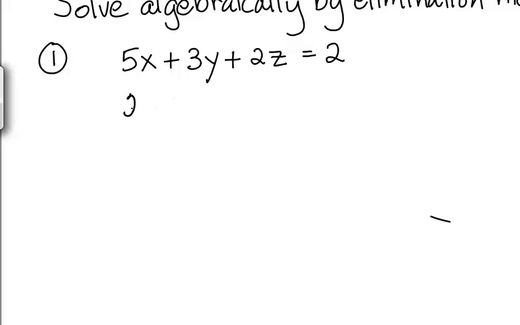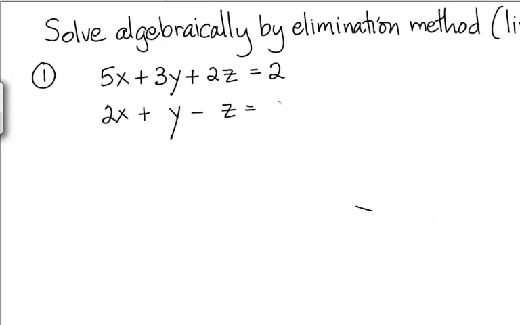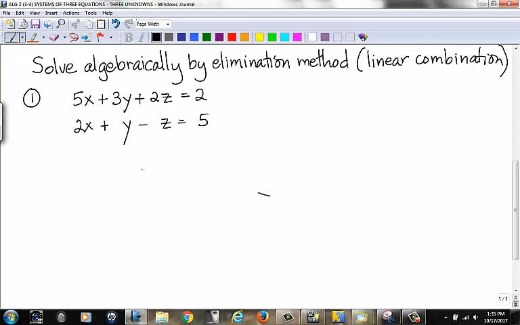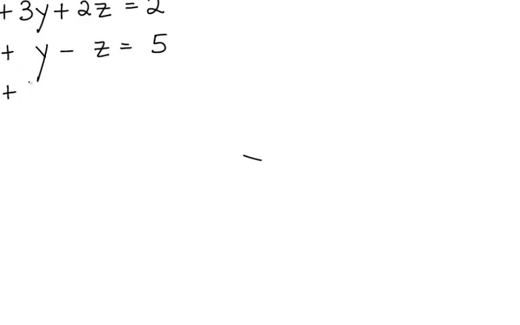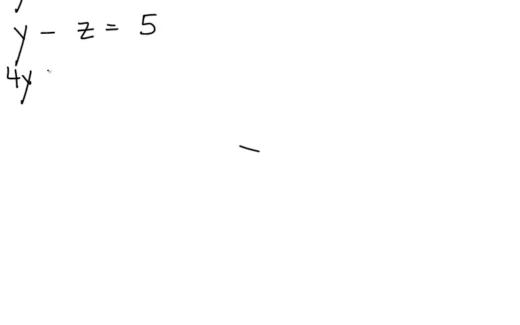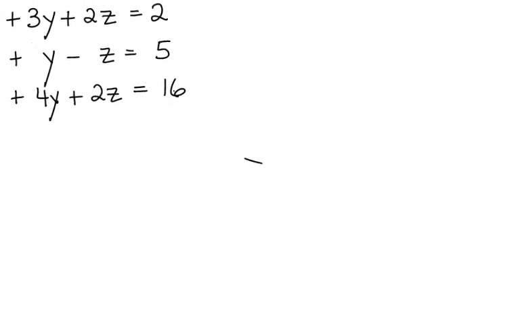Second equation is 2x plus y minus z equals 5. And then the third equation is x plus 4y plus 2z equals 16.